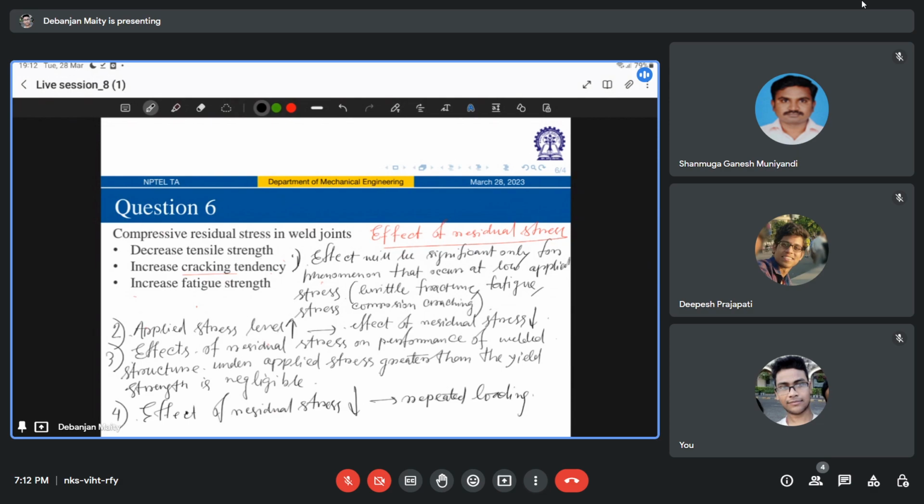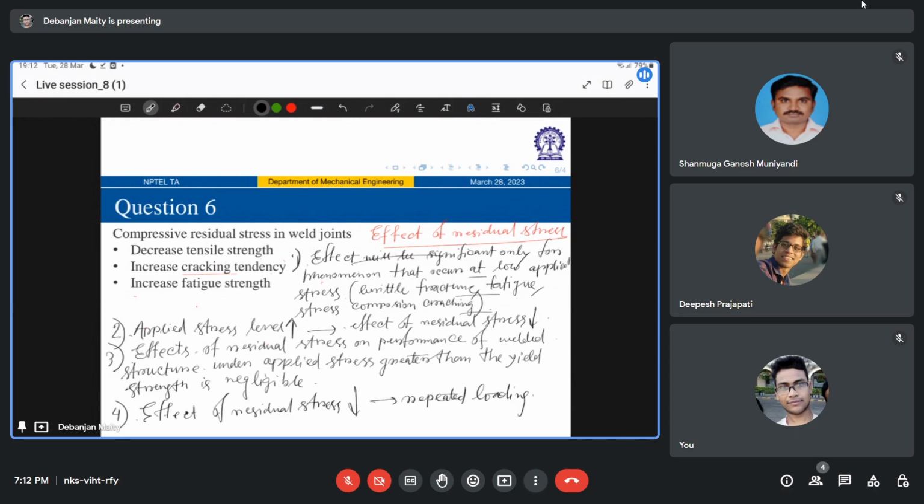Okay, so residual stresses, as I was saying, affect the performance of weldments in several ways. They reduce the fracture strength of a metal, often to very low levels, resulting in rapid and brittle fracture, as I have written down here. The cause of this brittle fracture is largely the complexity of the stress state.